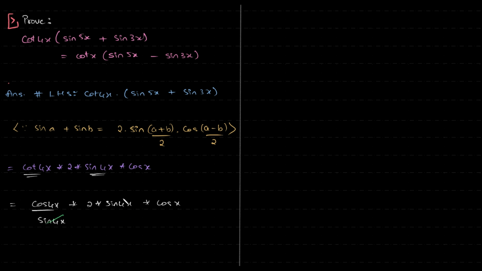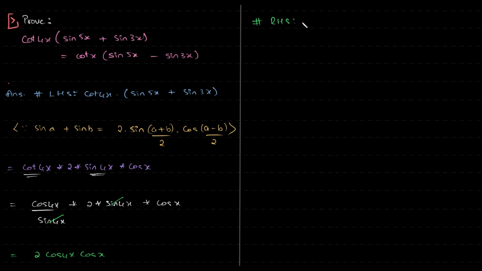So this and this will get cancelled, and we have 2 times of cos 4x cos x. We'll just leave it. We'll move on to the RHS.